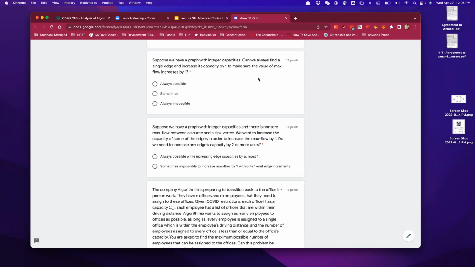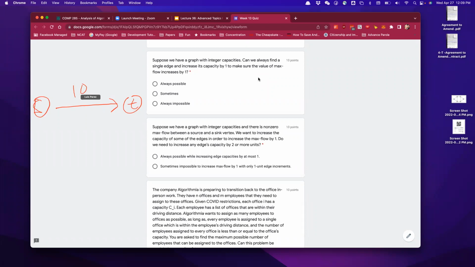The capacities do have to do with the max flow in the sense that you can't have a flow that's bigger than your minimum cut, right? And your minimum cut is defined by the capacities, right? So you can't push more than a certain amount. So what this is saying is, let's say I have a graph. A very simple graph would be this: from S to T, I have one edge that has capacity 10.